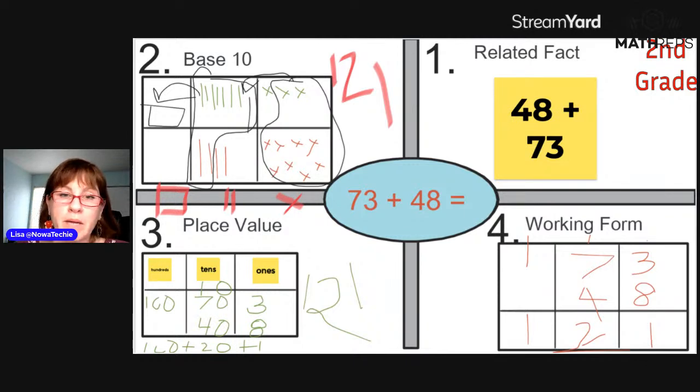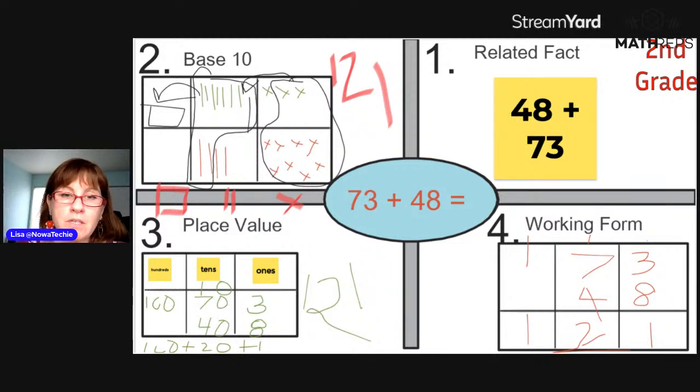We then did the base 10 method. I'd like to shout out to Chris McKee. She is a second grade teacher in my district. Instead of doing dots, which can get kind of messy, they get scrunched together, and it's hard to tell when they've been crossed off, she suggested using an X, because those X's will make it a little bit more defined so that you can see it.